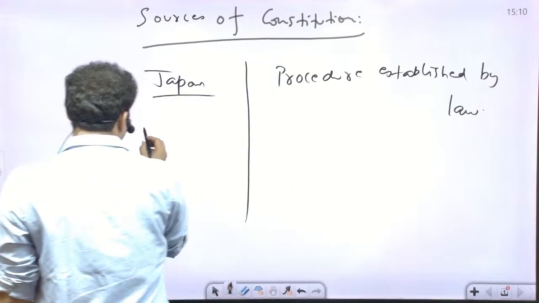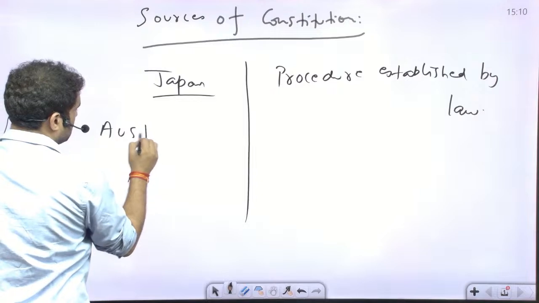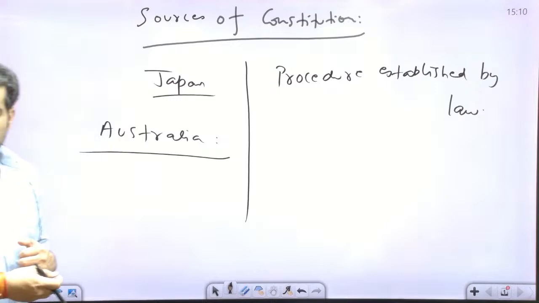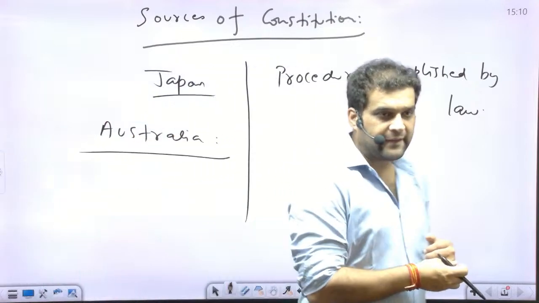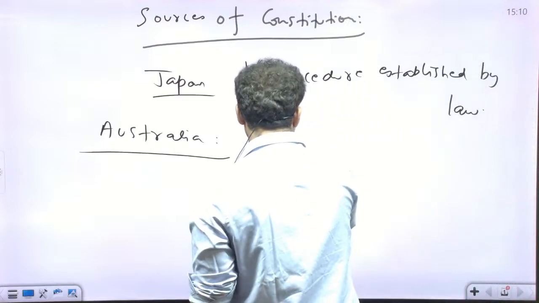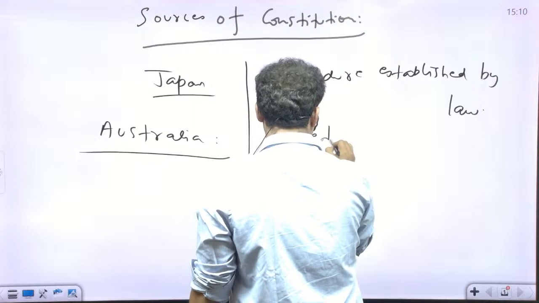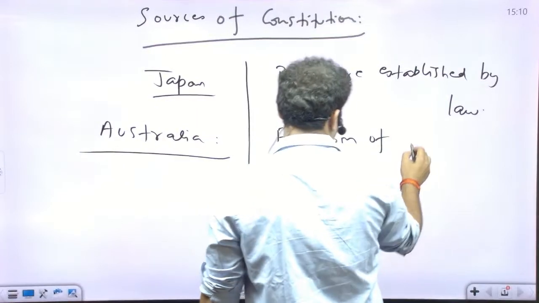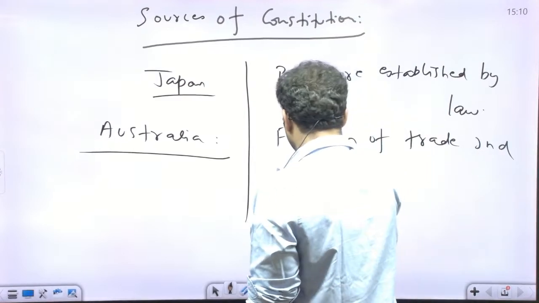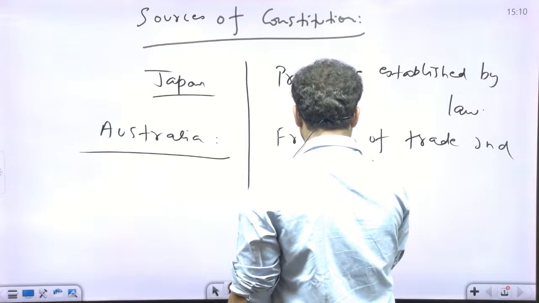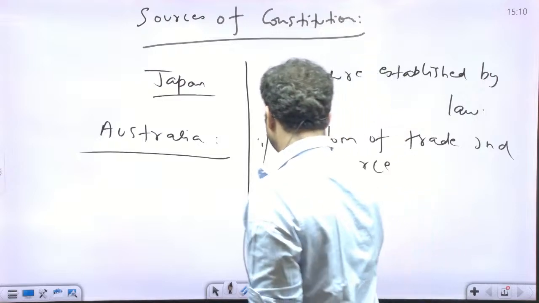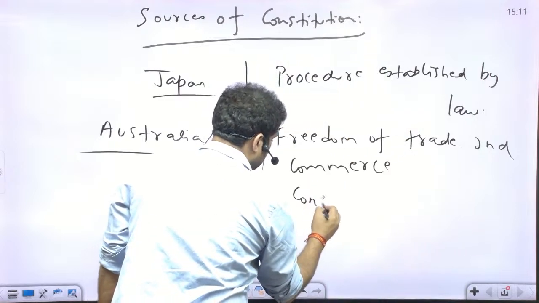Japan. Right. Australia. Three very important concepts. Three very important things. First is freedom of trade and commerce. Second is concurrent list.